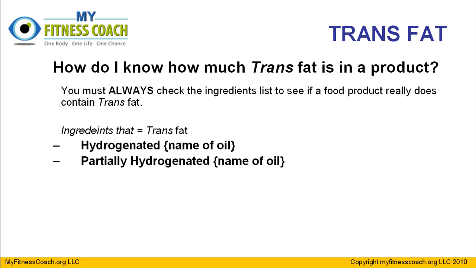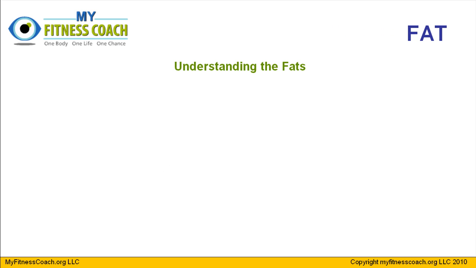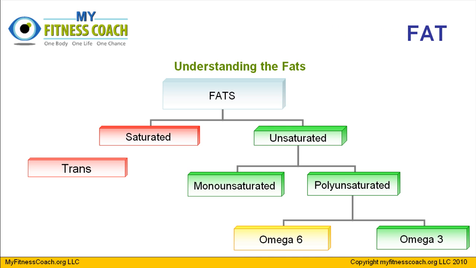Whatever oil follows the words hydrogenated or partially hydrogenated is an instant cue to you that the product indeed does contain trans fats and that you should potentially find a better alternative. You can most likely find a product sitting right beside it on the grocery store shelf that does not contain trans fats.